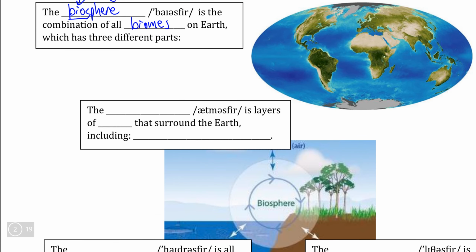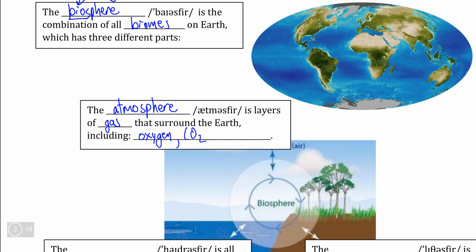So the first non-living component of the Earth is what we call the atmosphere. The atmosphere is really important because this is all of the gas that makes up Earth. So we know that the most important gas for humans and basically all animals to survive is oxygen. We really need that.